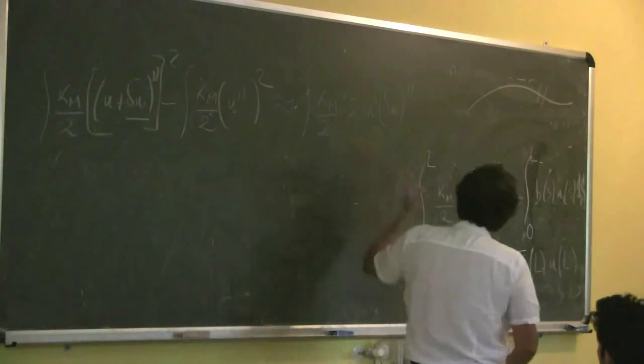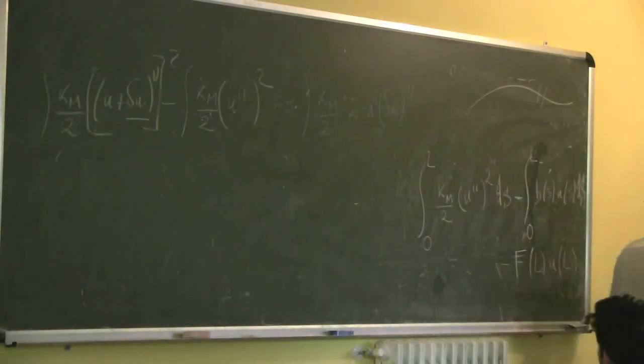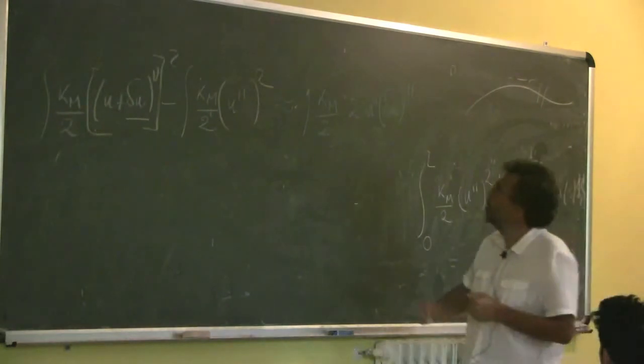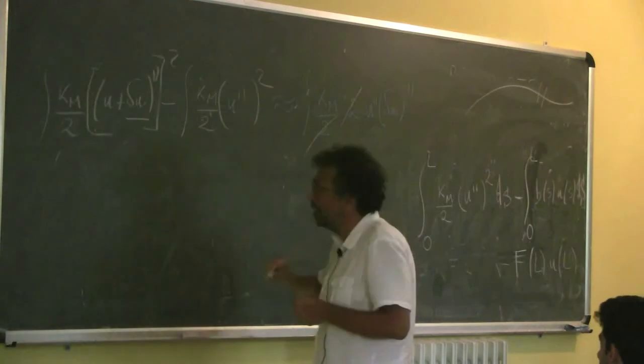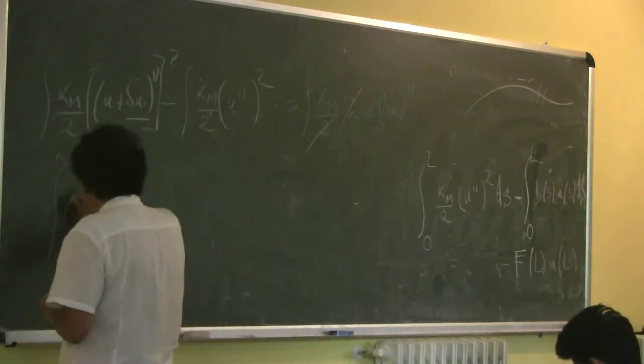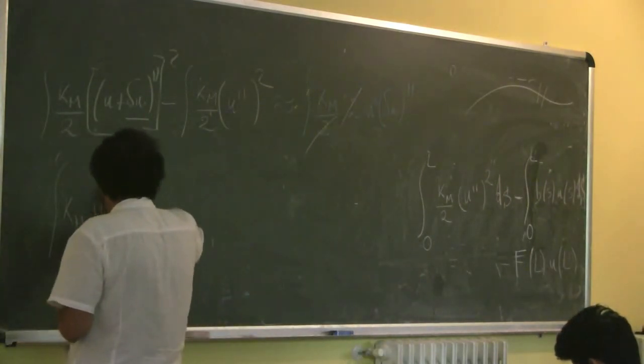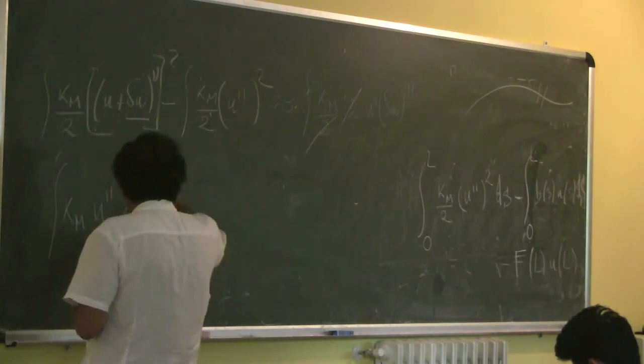The main idea of Lagrange is to integrate by parts. So this 2 goes away with that, and we have the integral of Km u second delta u second.